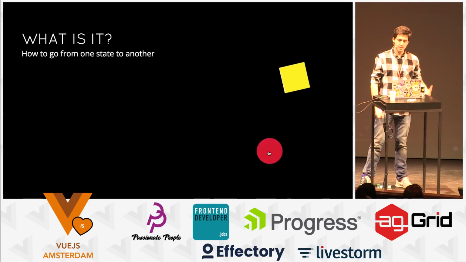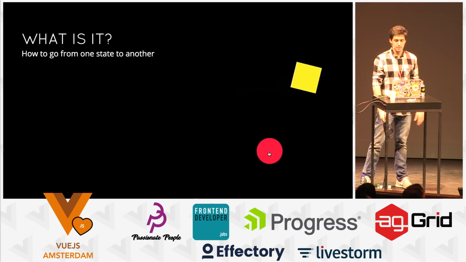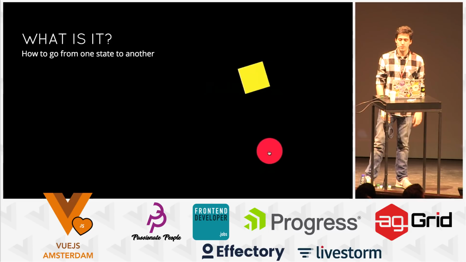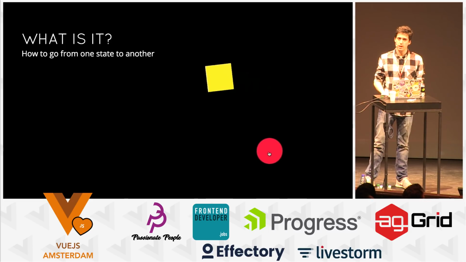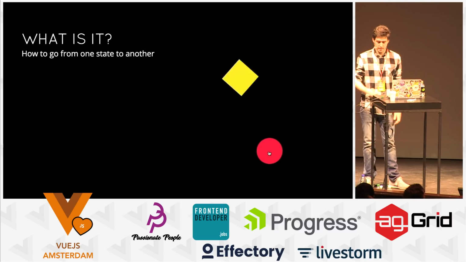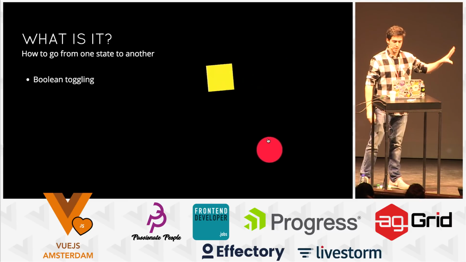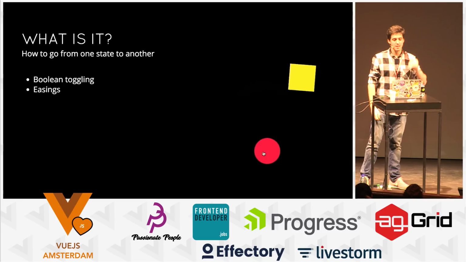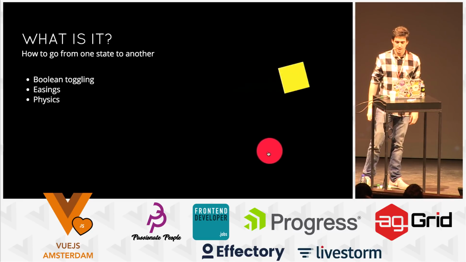And then you have a physics-based approach with springs that allows you to update the values on the fly, which feels very natural, but it's used in very specific scenarios. So you have Boolean togglings, easings at the top, and physics at the bottom.